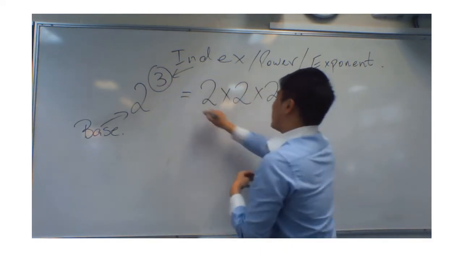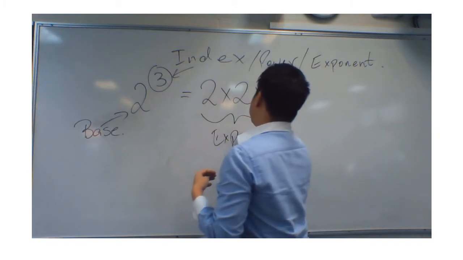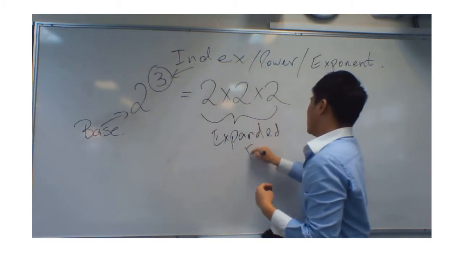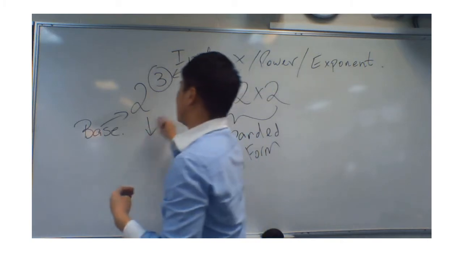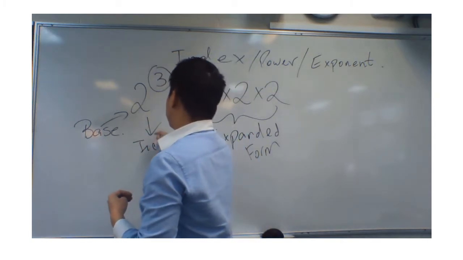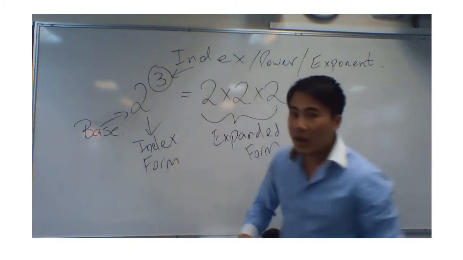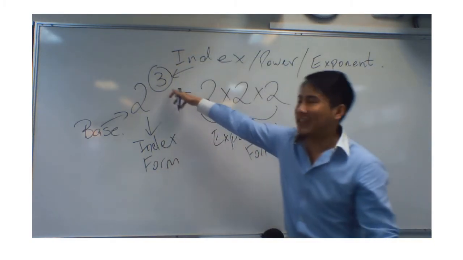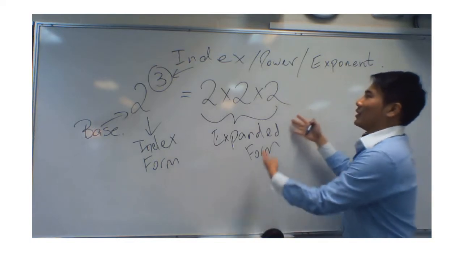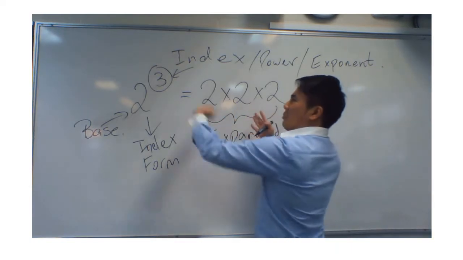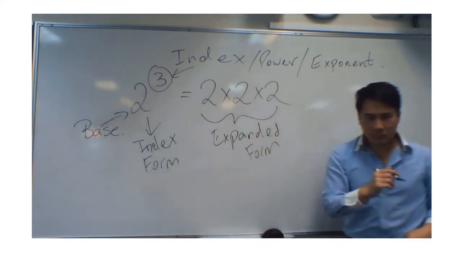Right, so this is what we call the expanded form. Okay, and this is what we call the index form. Alright, the index form has got an index. Expanded form is asking you, okay, what does that really mean?